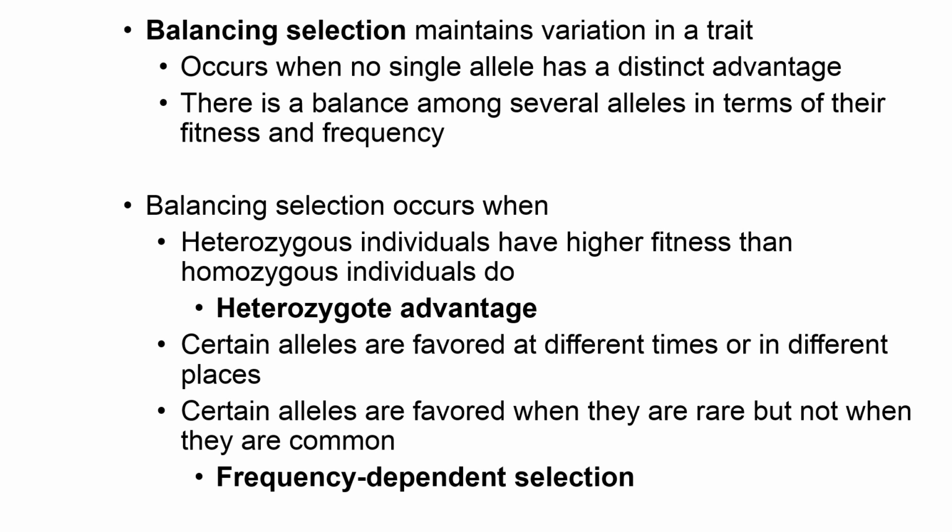So where malaria is more predominant, you tend to see individuals of a heterozygous genotype for sickle cell anemia. So that particular genotype is favored. Frequency-dependent selection, we'll talk about that in a little bit.